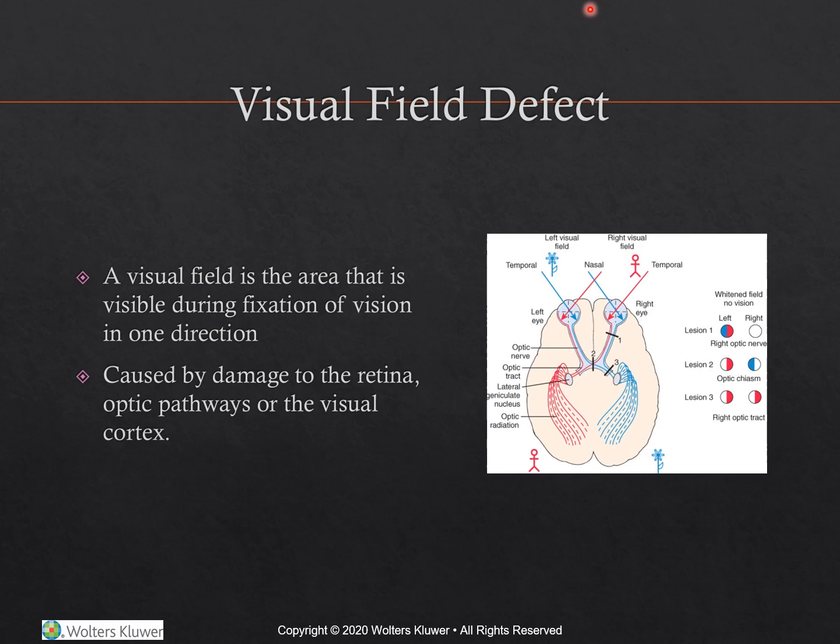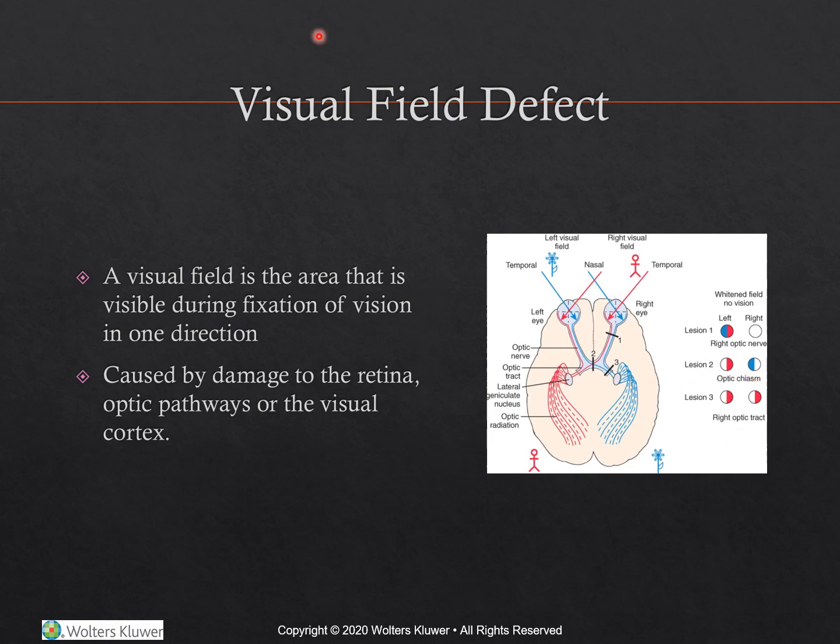So visual loss involves the temporal half of each field, something called bitemporal hemianopia. Lesion 3 on that picture is a lesion to the right optic tract, and that will interrupt fibers carrying vision that originates on the same side of both eyes. We call that homonymous, with loss of vision from half of each field.